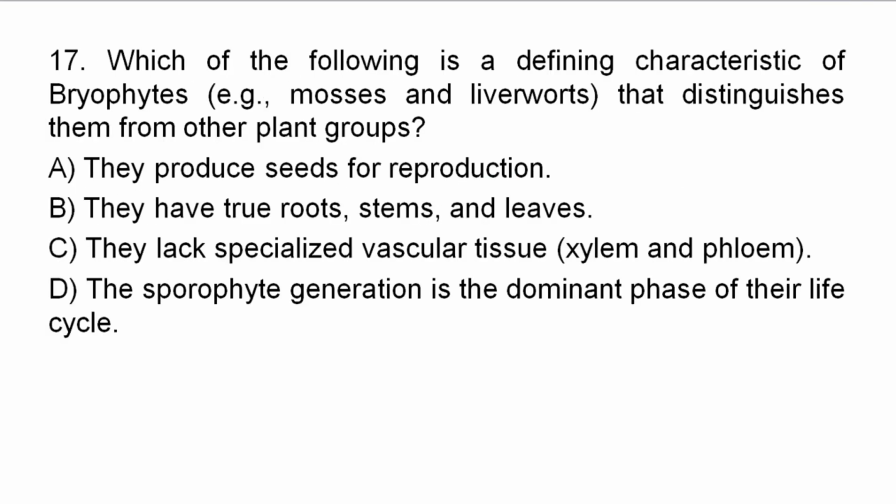Good. Question number 17. Which of the following is a defining characteristic of bryophytes, moss and liverwort, that distinguishes them from other plant groups? A. They produce seeds for reproduction. B. They have true roots, stems, and leaves. C. They lack specialized vascular tissue, xylem and phloem.